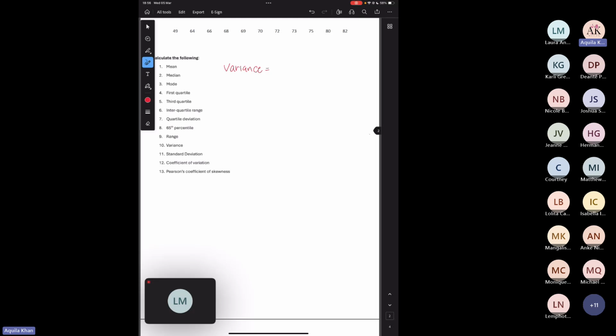So the variance is calculated using the formula, the sum of x squared minus n times your mean squared, over n minus 1. So with your variance, what do these figures mean? The sum of x squared, remember we said x is literally each value here that's been listed out.